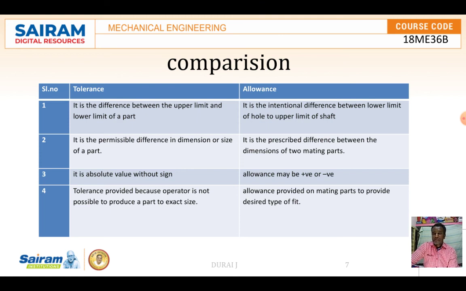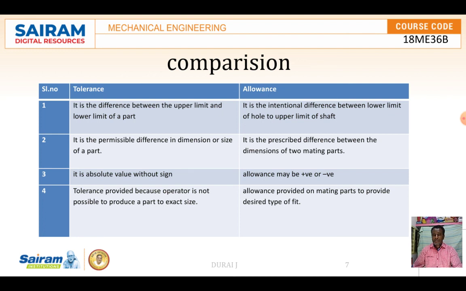The next thing is tolerance is provided because it is not possible for the operator to produce a part of exact size. Allowance is provided on mating parts to provide the desired type of fit. Tolerance is provided because it is not possible to manufacture all the components in the exact basic size.